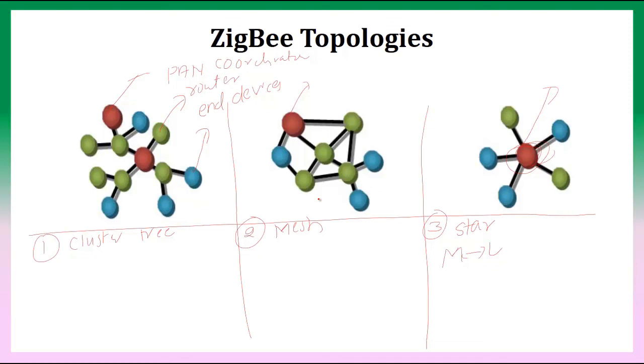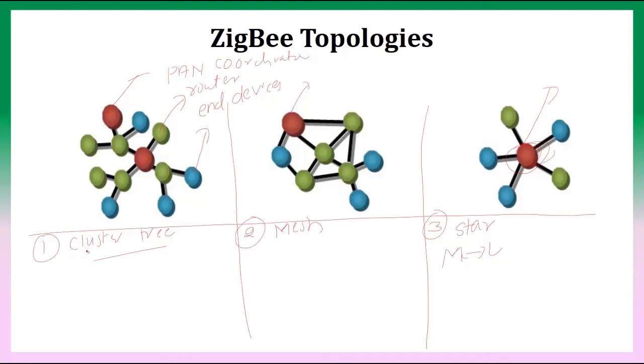Mesh topology is complex to maintain, and beaconing is not allowed in these kinds of networks, but it is the most robust and fault tolerant.